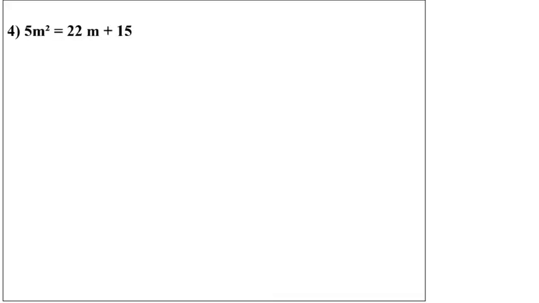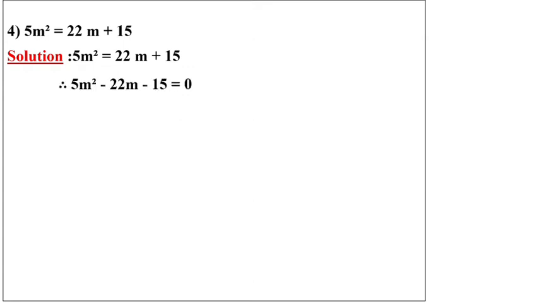Now the fourth one: 5m square equal to 22m plus 15. We'll arrange it in the quadratic form. 22m will come to the left side and become minus 22m, and plus 15 becomes minus 15. So in the first term we have the coefficient 5, and in the third term we have the coefficient minus 15. 5 into minus 15, we get minus 75.